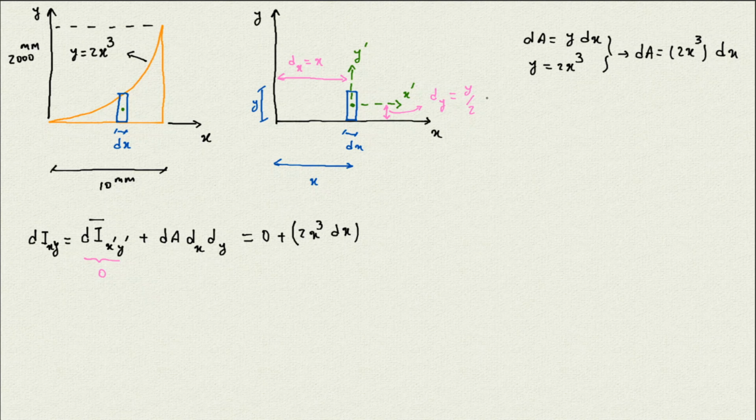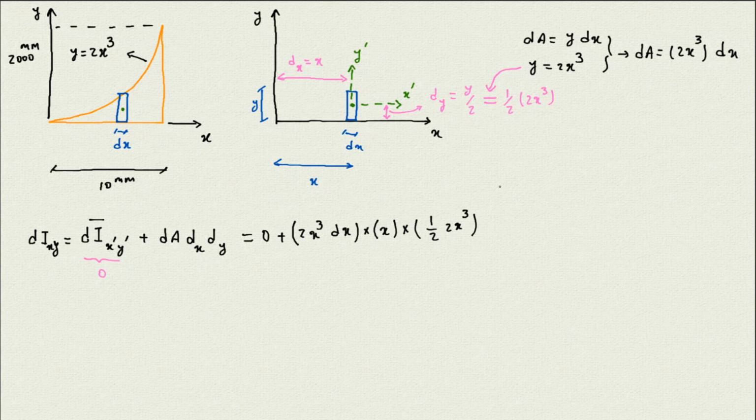Using this equation to replace the y with 2x cubed, d sub y is going to be half of 2x cubed. So d sub x, which is x, times d sub y, which is half of 2x cubed, and this is what we are going to have.